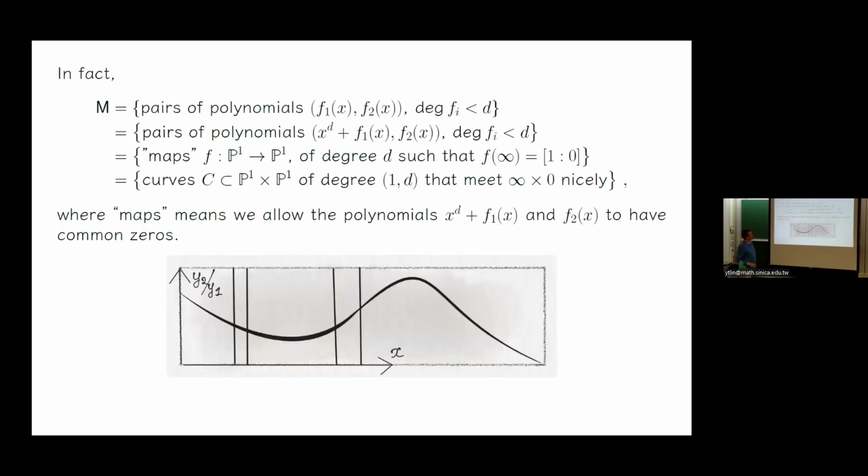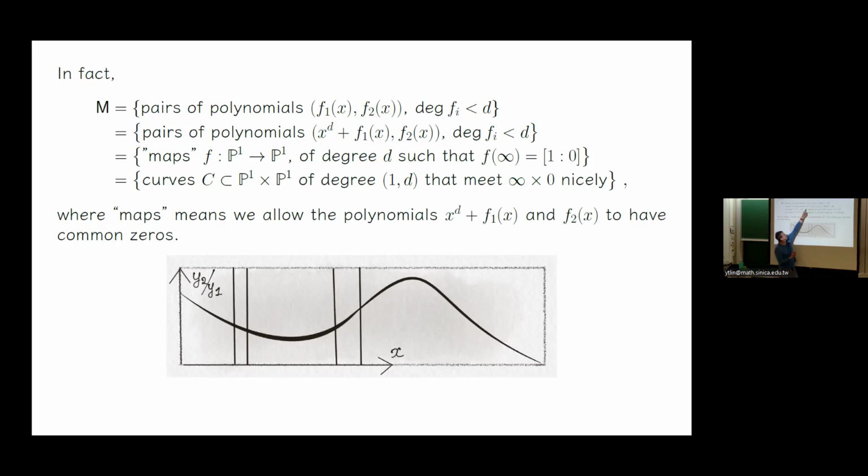And how am I going to think about this space of polynomials? One way to think about it is like this. If I study 2 pairs of polynomials of degree less than d, let me put x to the d in front of one of them. And then this defines a map.